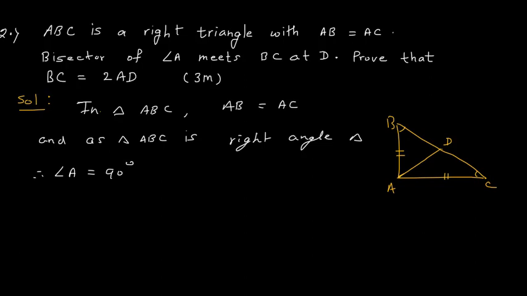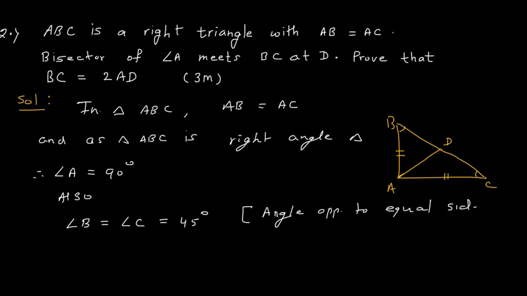Also AB is equals to AC, so angle B will be equal to angle C. Now this angle is 90 degree and B and C are equal, so each angle is going to be equal to 45 degree. Okay, here we can write angles opposite to equal sides, or I can write isosceles triangle theorem. Okay, so here angle B is equals to angle C is equals to 45 degree and angle A is 90 degree.